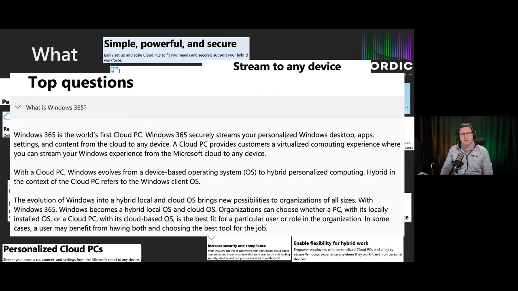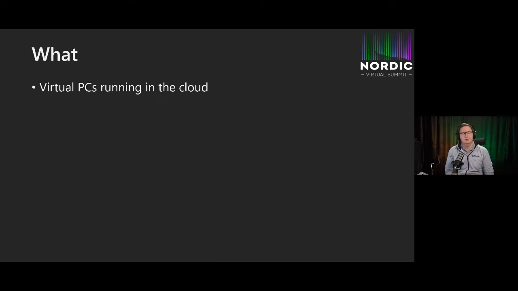And that's exactly what it is. It's virtual PCs running in the cloud, and it's running in Microsoft's cloud to be exact. So all the fluff from the previous slides can be summed up in this one sentence.